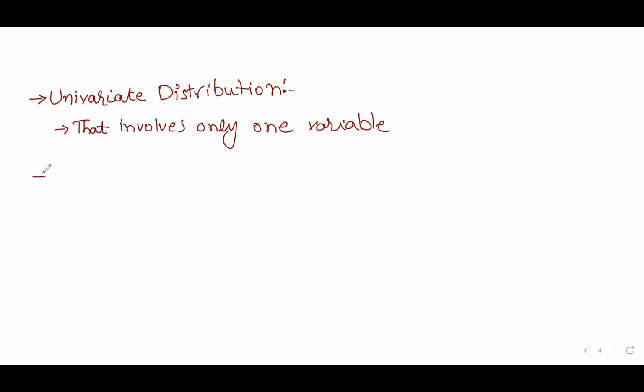And then there is another, which we call bivariate distribution. What is a bivariate distribution? A distribution that involves two variables is known as a bivariate distribution. For example, the heights and weights of a certain group of persons, or the ages of husband and wife at the time of their marriage, things like this.